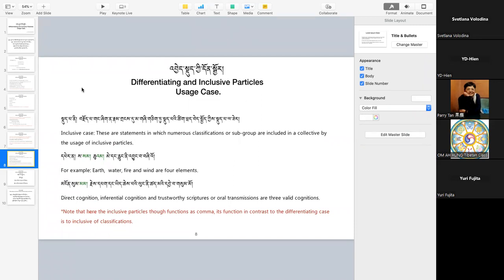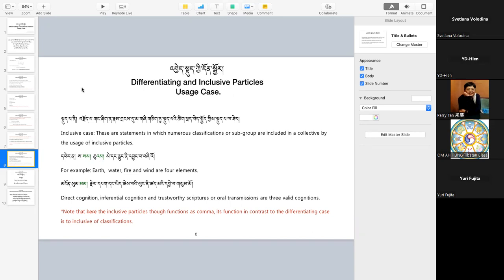One, if there are numerous subgroups or classifications, we use it as a comma. If there's only two, then in most cases we use it as or. So two of these usage cases.